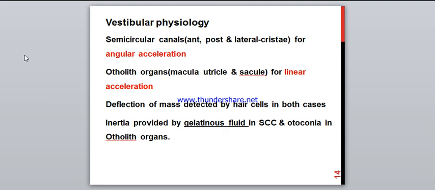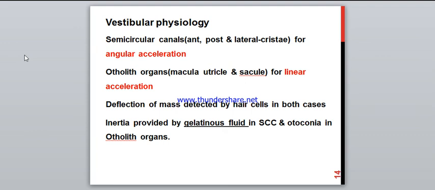The second function of the inner ear is vestibular function, that is balancing. It is carried out by the semicircular canals, anterior, posterior, and lateral, and it is for angular acceleration of the head.